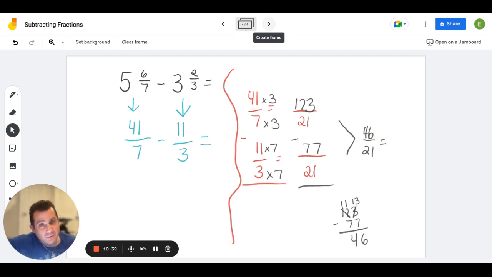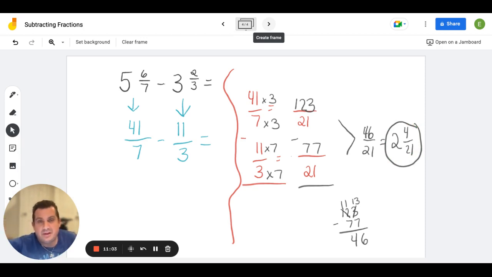And that I know is also here an improper fraction. So let's convert that. 21 can go into 46, 21, 42, 2 times, which gives me 42. And 42 is 4 away from 46, 4 over 21. And that is in simplest form.